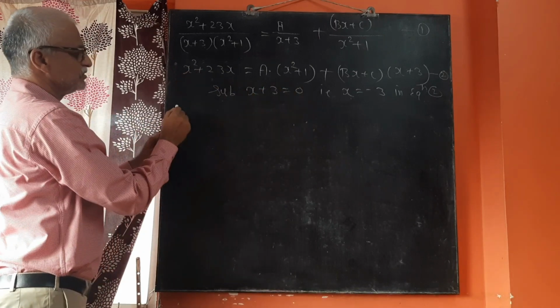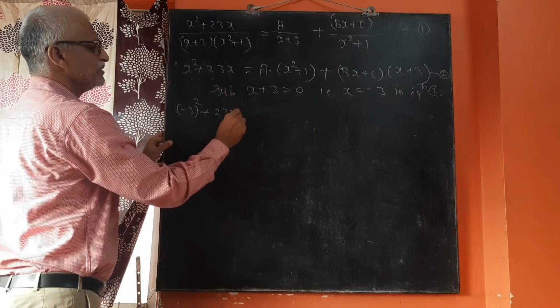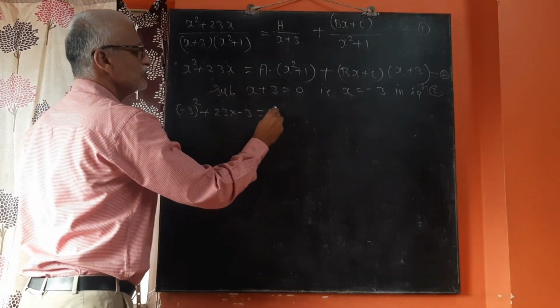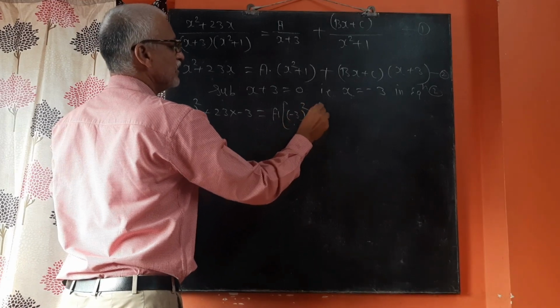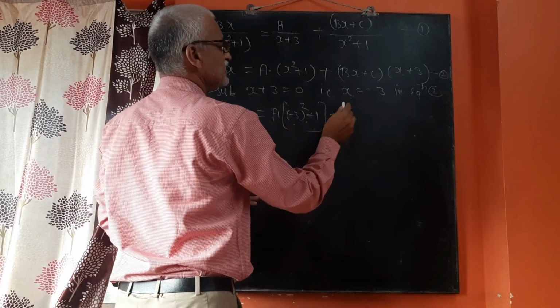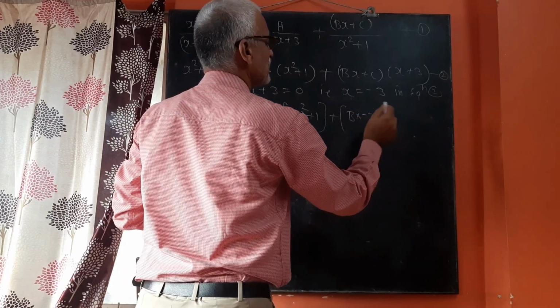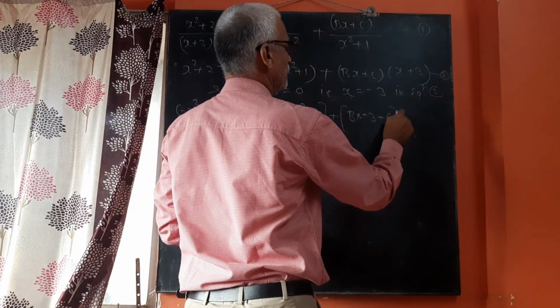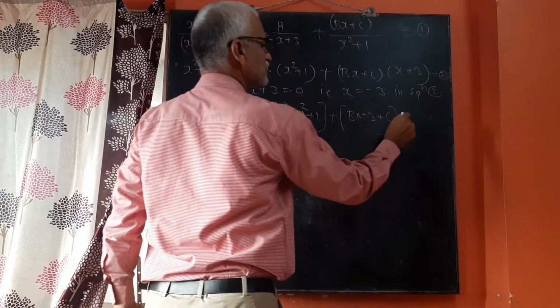X equals minus 3, so this will be (minus 3) square plus 23 into minus 3 equals A into ((minus 3) square plus 1) plus (b into minus 3 plus c) into (x plus 3). The value of x plus 3 is 0, so into 0.